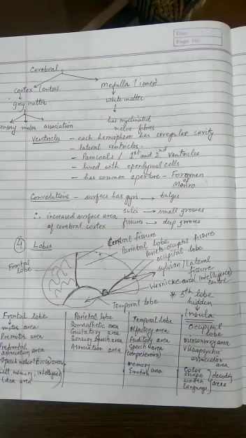These ventricles are always lined with ependymal cells, which are specialized cuboidal cells with cilia, and they cause the continuous motion of the cerebrospinal fluid. These two cavities are connected with a common hole which is called the foramen of Monro.